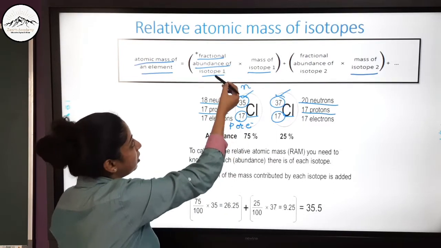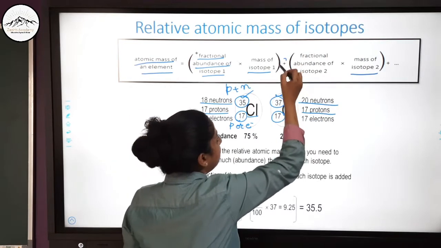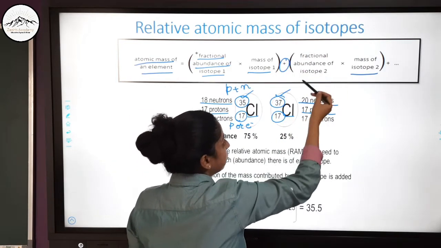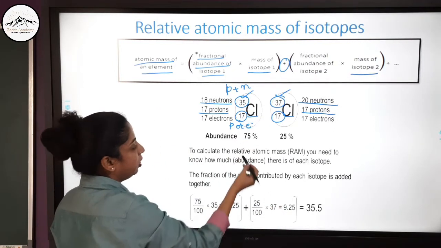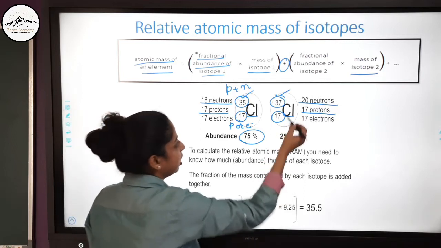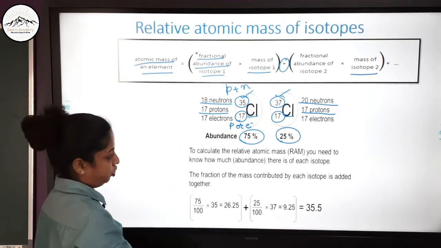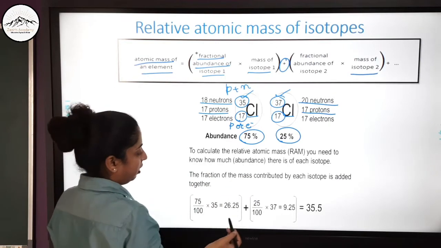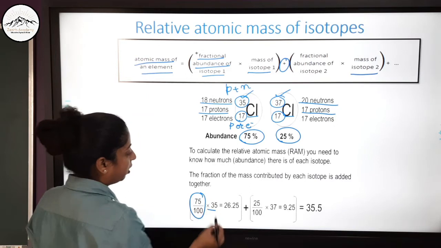So, fractional abundance of isotope 1 times its mass, added to fractional abundance of isotope 2 times its mass. Here, chlorine 35 is 75% in nature, whereas chlorine 37 is found only 25% in nature. So to calculate relative atomic mass, we will take 75% of 35.